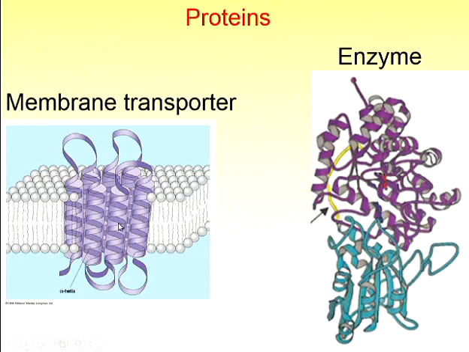So they sit in membranes, and they specifically transport things across that membrane. And specific is an important word here. Transporters are specific. They don't transport just anything, but only one or maybe 2 things. And enzymes, similarly, don't just catalyze any reaction, but only 1 or maybe 2 specific reactions.